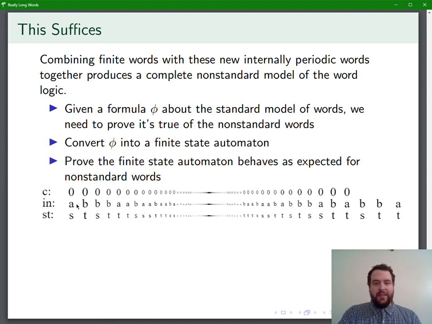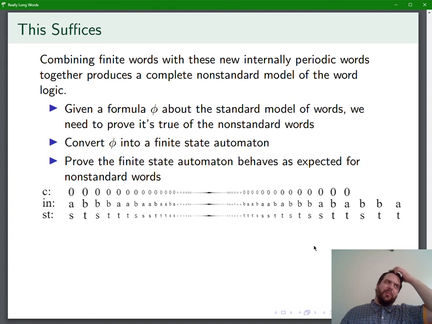We can still make sense of running an automaton on this particular input if we can find a sequence of states that forms a word such that whenever we see a B, it switches from T to S, and whenever we see an A, it stays in the same state. And again, that happens on the infinite bit as well.